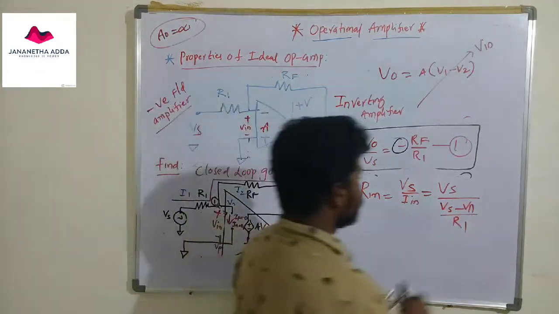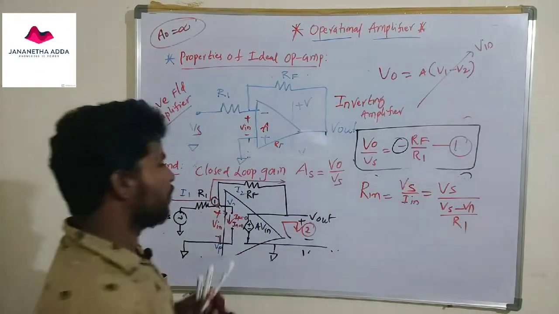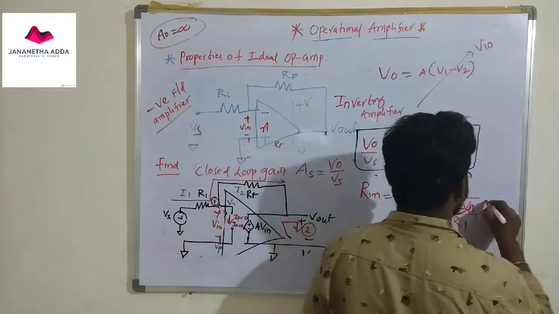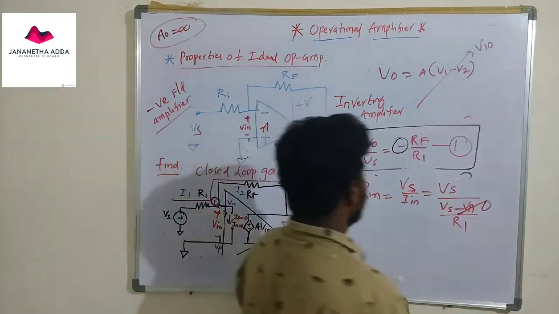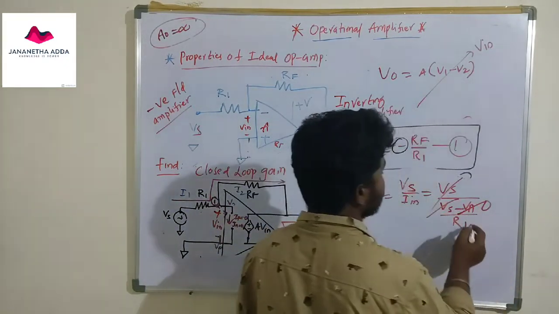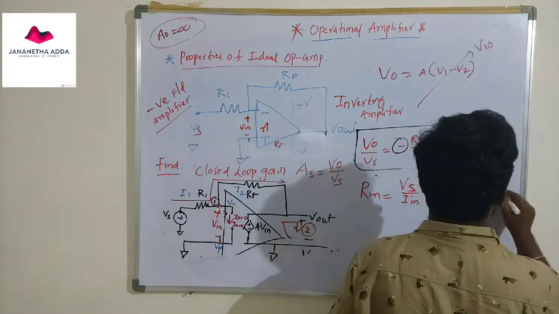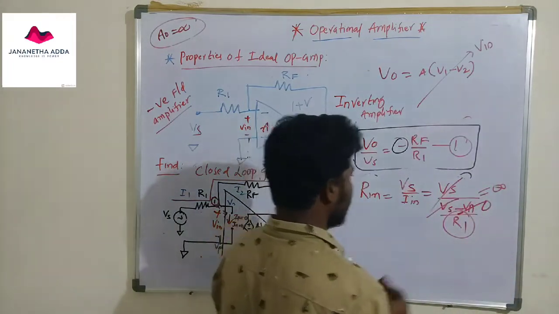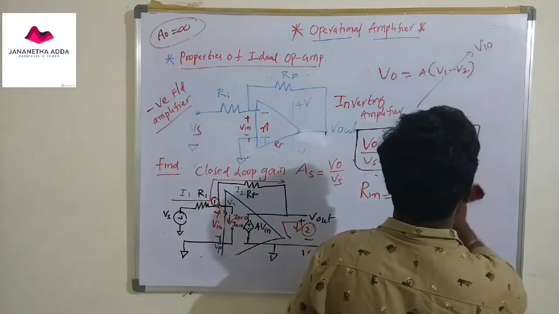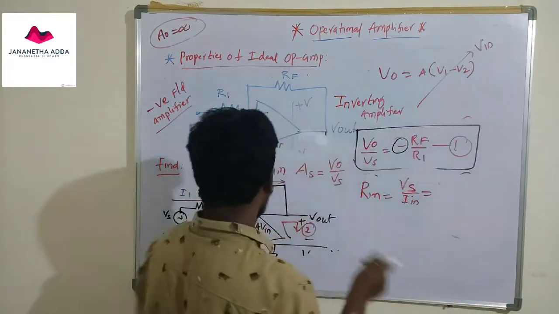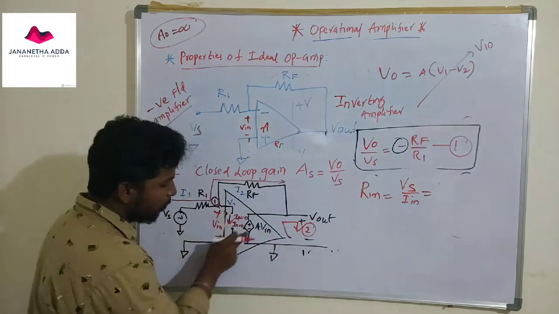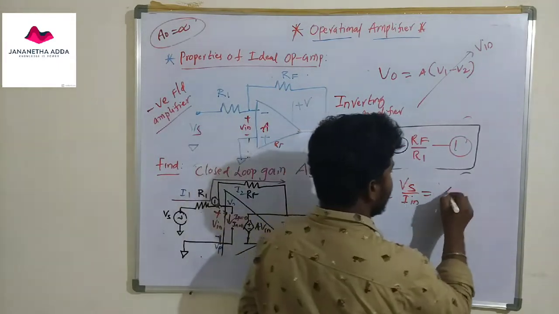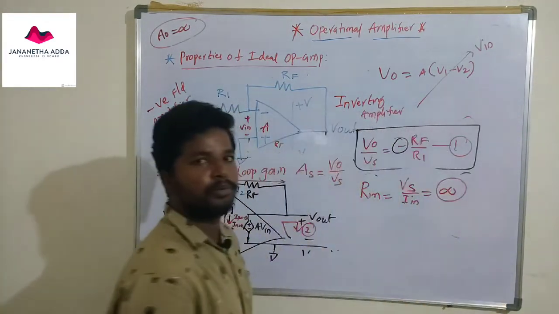Here the input resistance will be very high, so this can be equal to 0, and this Vs gets cancelled, but Rin equals infinity. So the current will be 0. The current flowing into the operational amplifier is 0, so we will get an infinite input impedance.